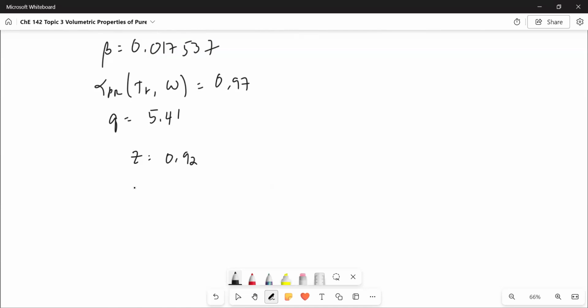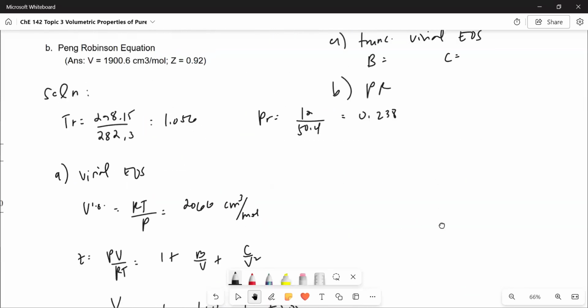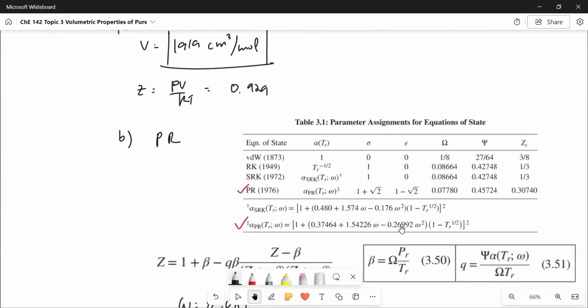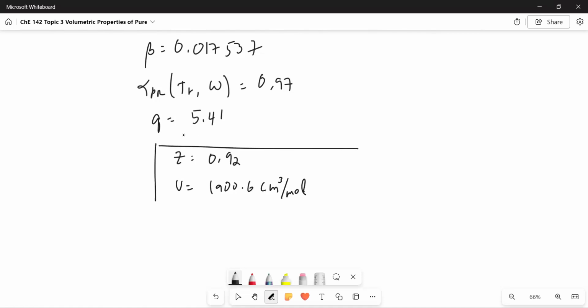And is that the same as the answer? Yes, it's the same. And V, you can calculate V, which is ZRT over P. V would be 19.6 cm cubed per mole. So those are the answers.